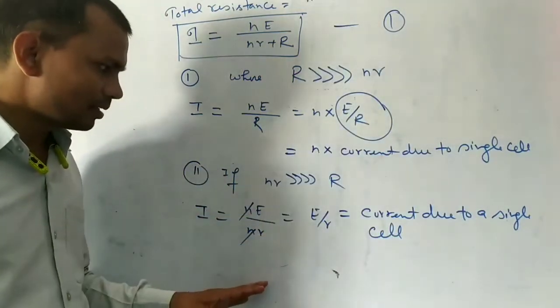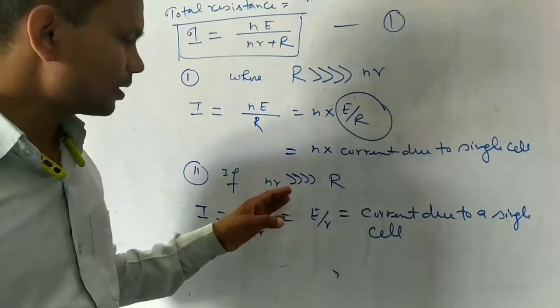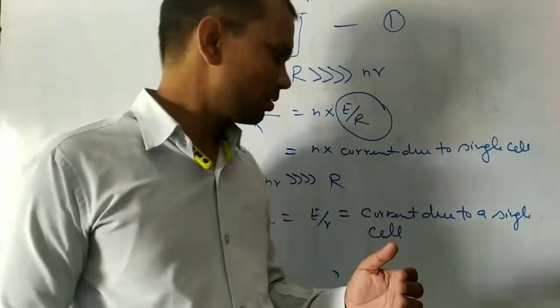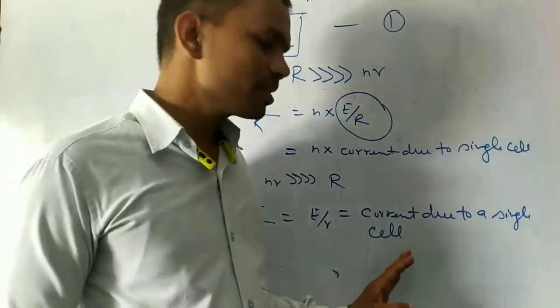If the second condition holds, if the internal resistance of the cell is very much greater than the external resistance, then the current we get is the current due to a single cell.